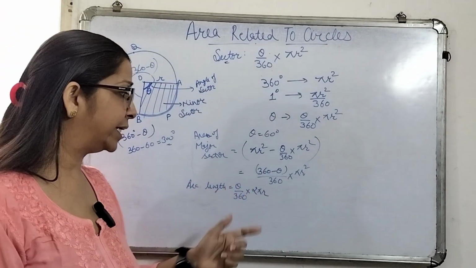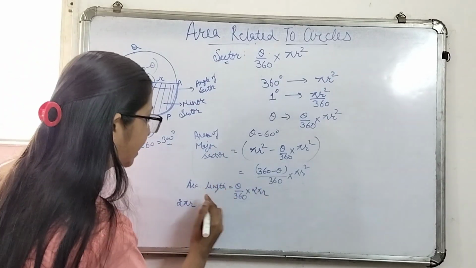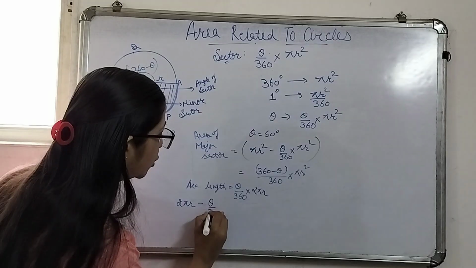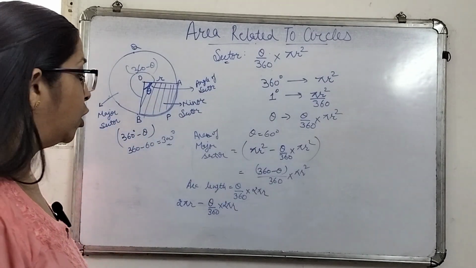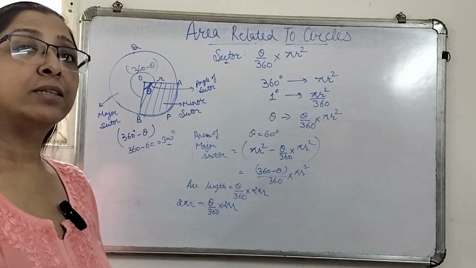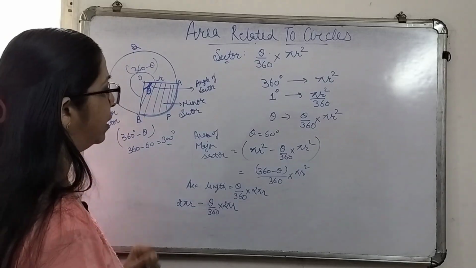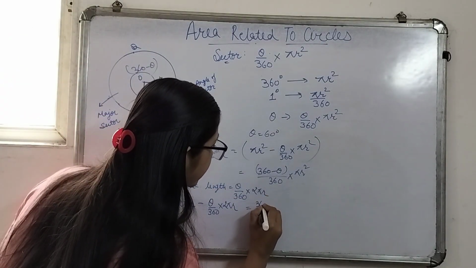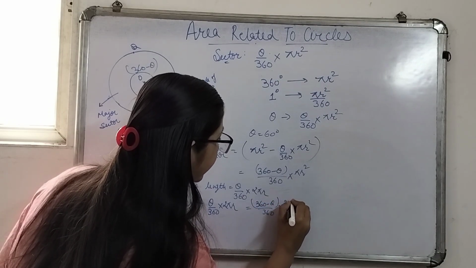Either from the whole length, that is 2 pi r, we can subtract the minor arc length, that is theta over 360 into 2 pi r. Or otherwise, instead of theta we can keep 360 minus theta for finding the major arc length. That will be 360 minus theta over 360 into 2 pi r.